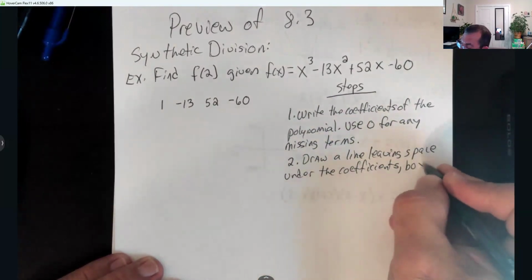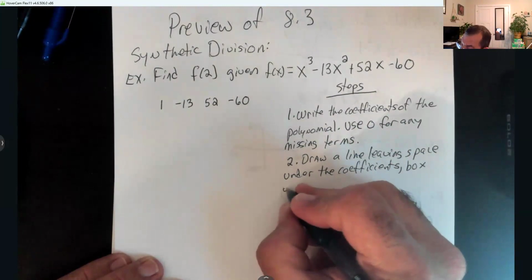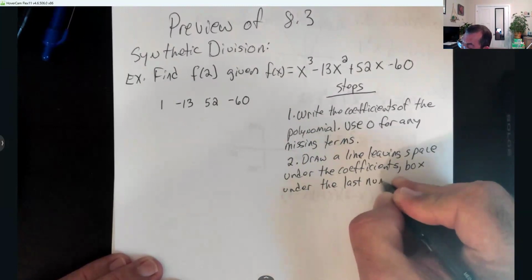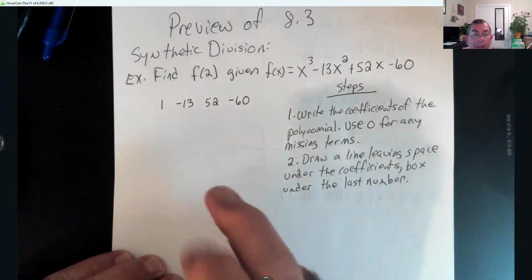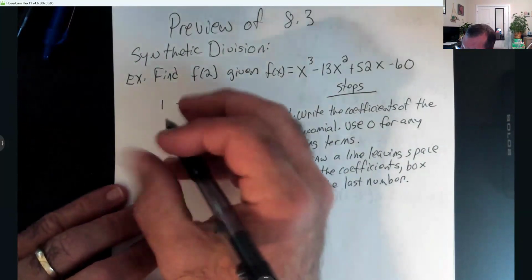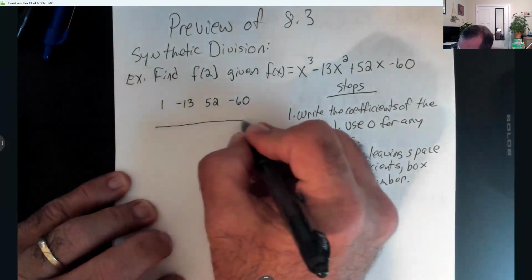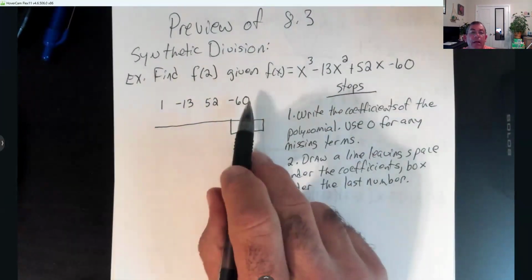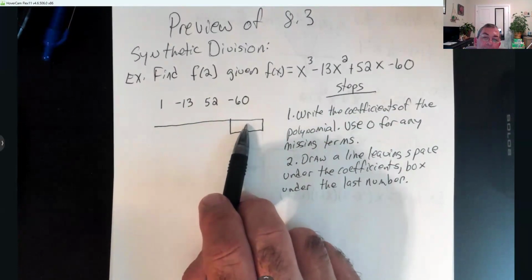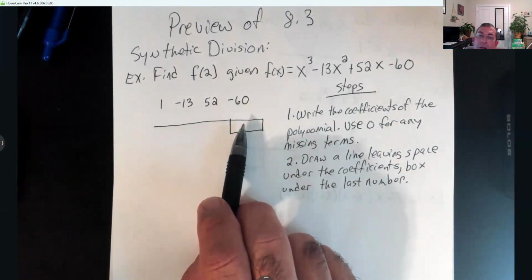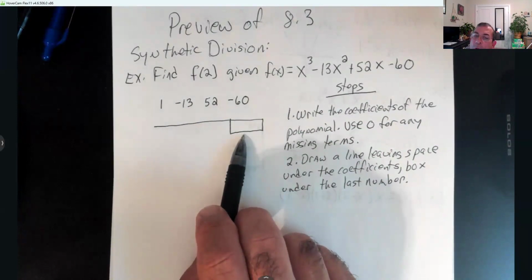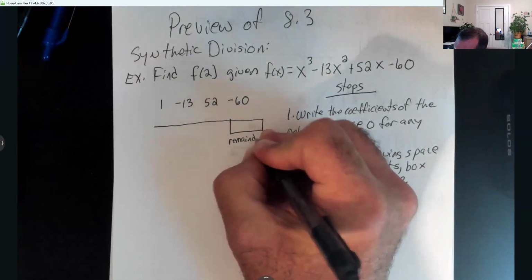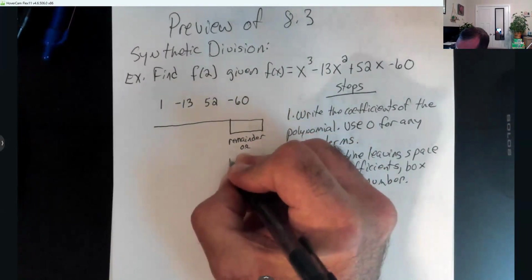Okay, so you're going to leave a little space in here, draw you a line, and then we're going to box under the last number. Y'all, what this box is, it gives us the remainder or the function value. So this box is the remainder or function value.